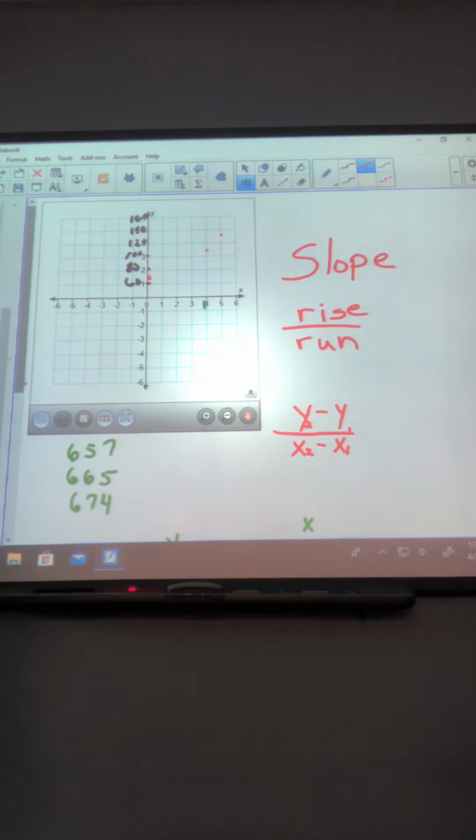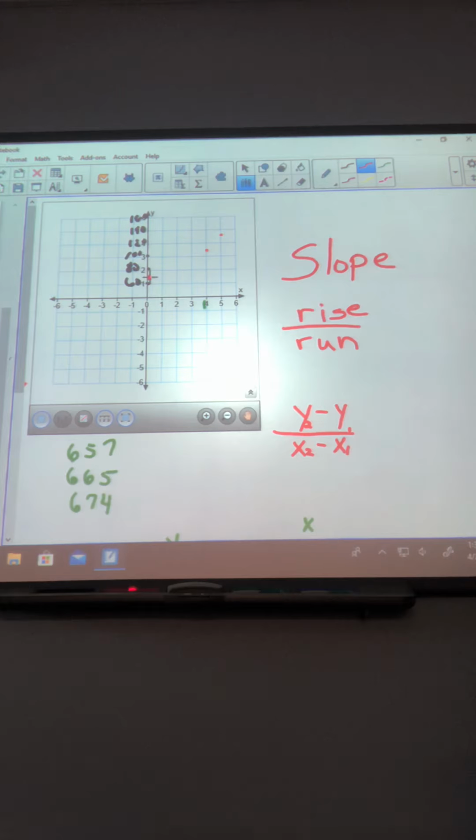It's hard to be exact when you're using your eyes. Okay, so then we can go ahead and make the graph. Again, this point represents 2010, this one is 2014, and this is 2015.